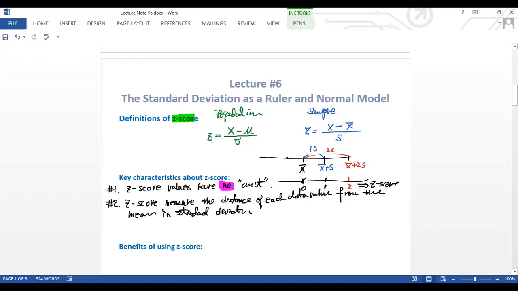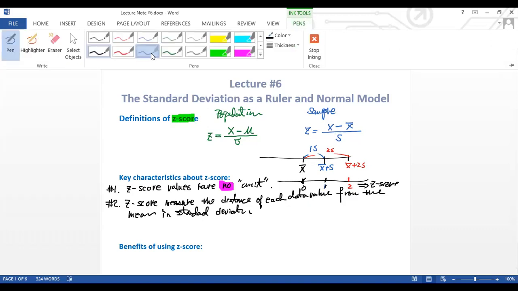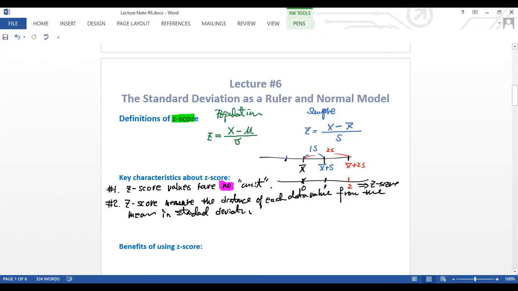The same way, if you go backward, this is x bar minus s. This is 1 standard deviation below. And in the same way, this is 2 standard deviations, so it's x bar minus 2s. So what are your Z-scores here?